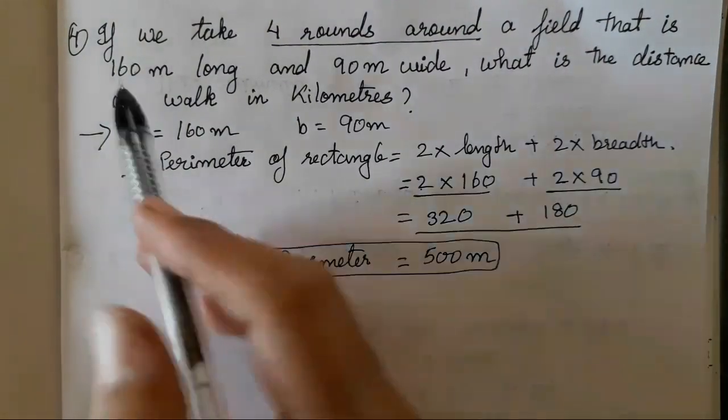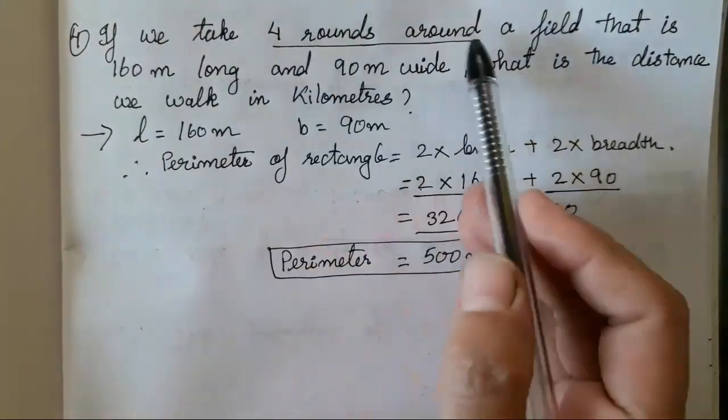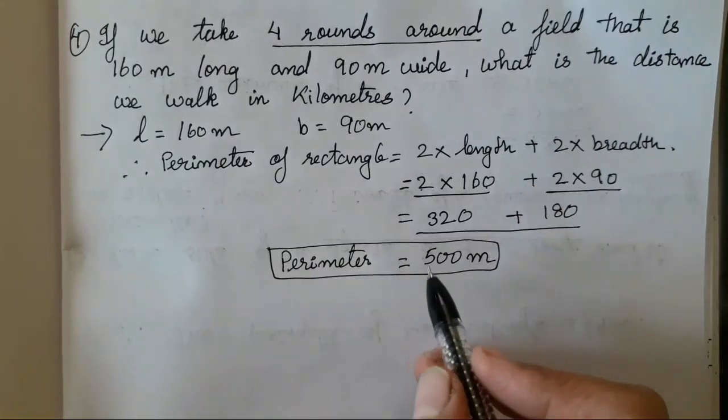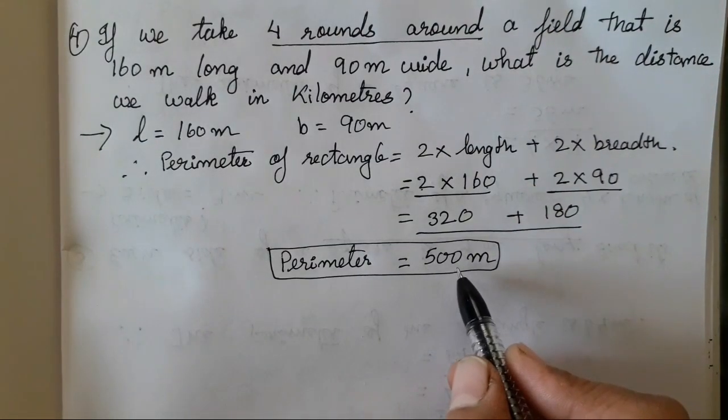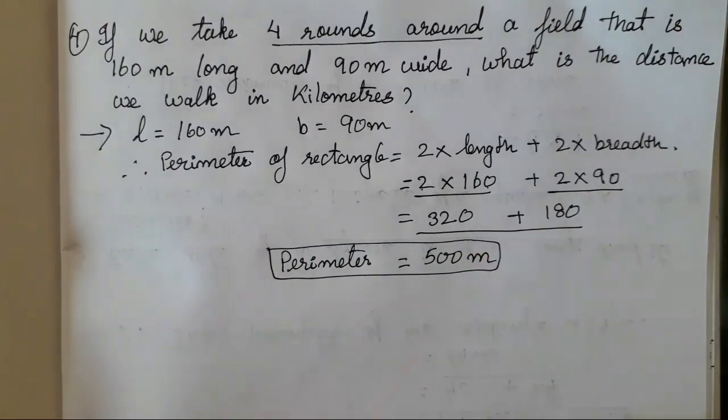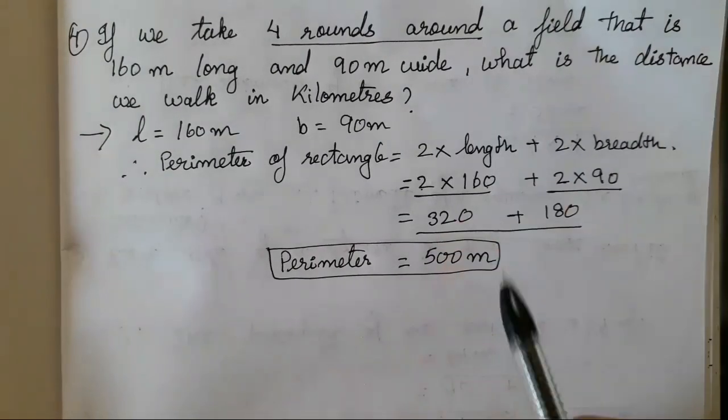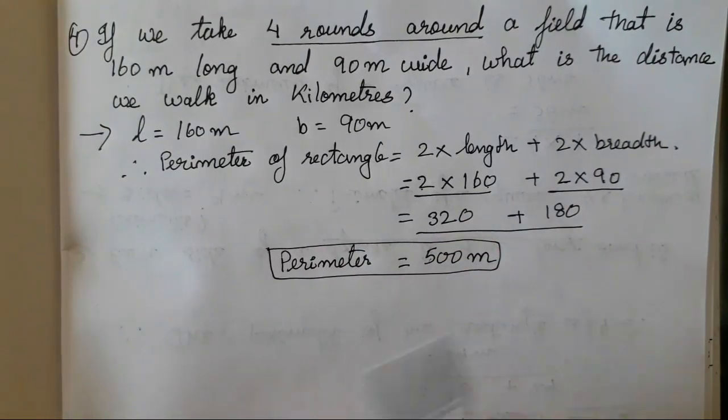Then what they have said, if we take 4 rounds around a field. Now perimeter of the field is how much? 500 meter, and we have to take 4 rounds of this field which is of 500 meters.